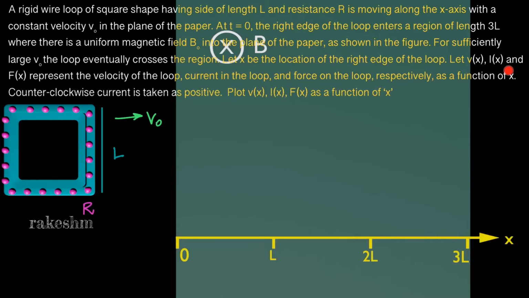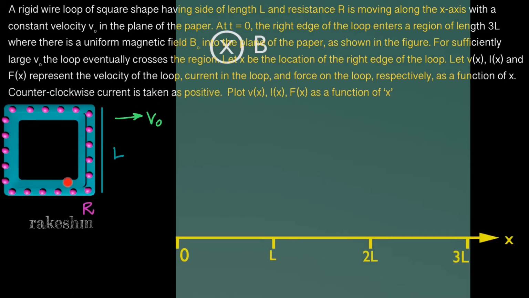Let Vx, Ix and Fx represent the velocity of the loop, the current in the loop and the force on the loop respectively as a function of x. Counterclockwise current is taken as positive.